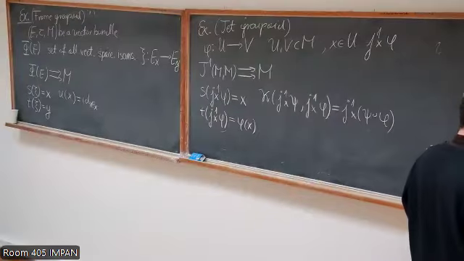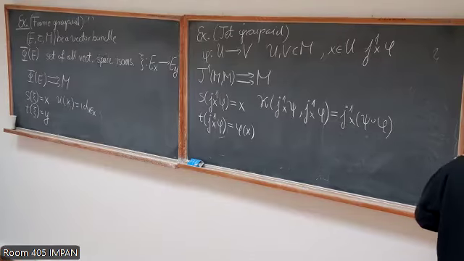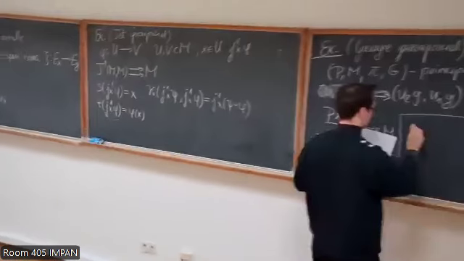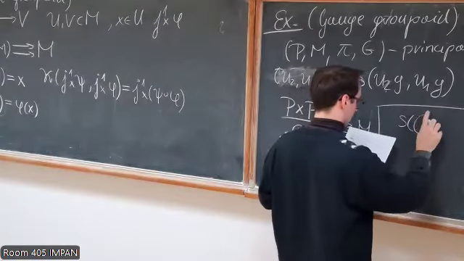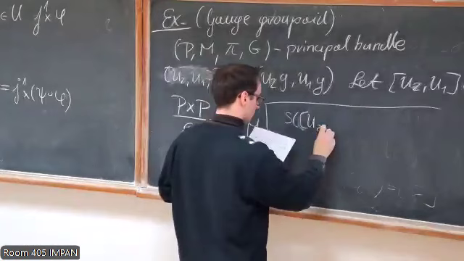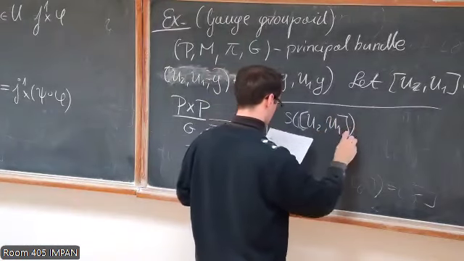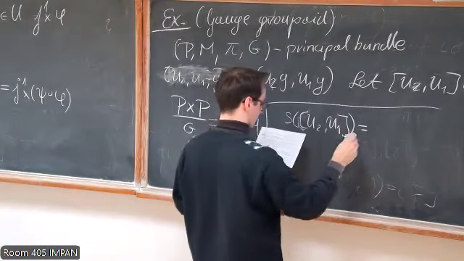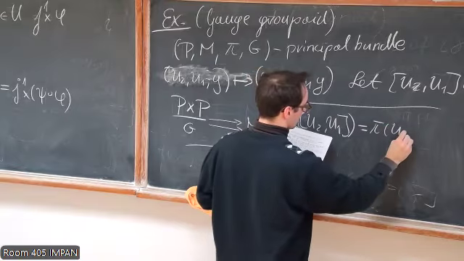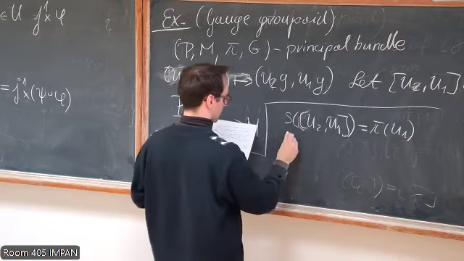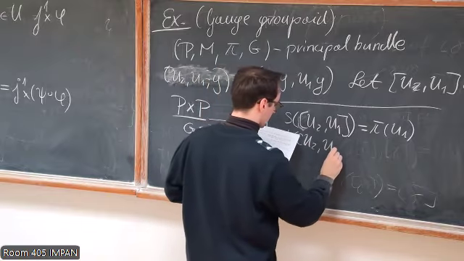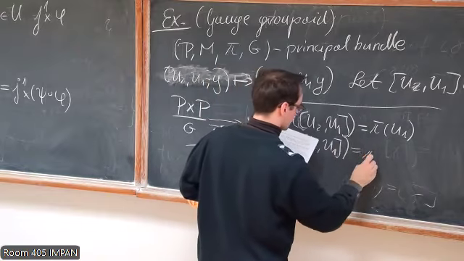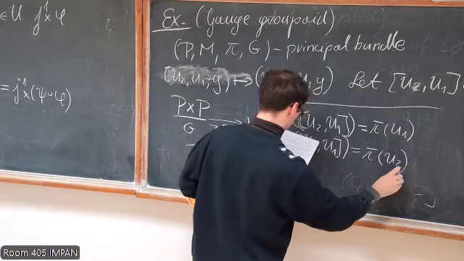Okay, so how do the maps look like? The source is E of U1, the target is E of U2.